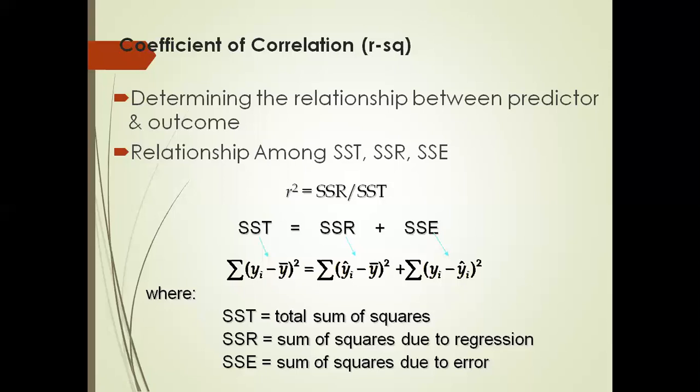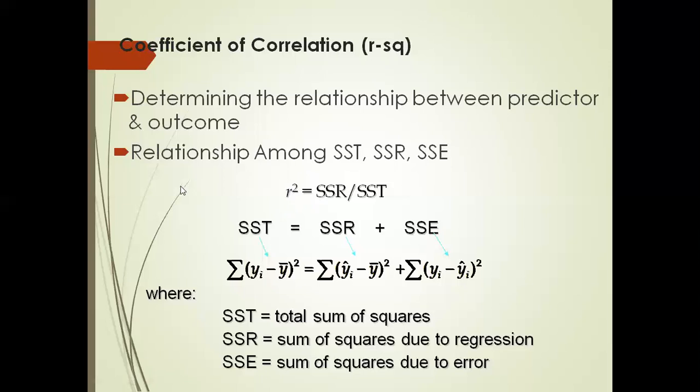If the R value is 1, it shows a perfect relationship in the same direction. If the R value is -1, it is also a perfect relationship, but moving in the opposite direction.